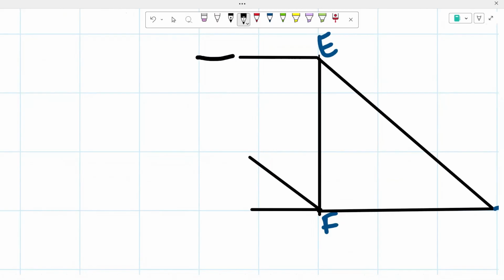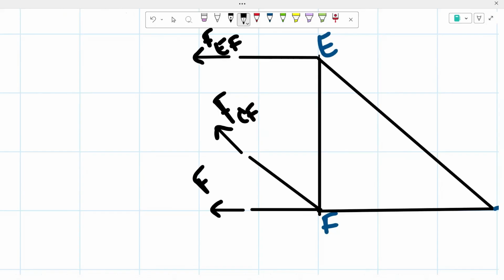So this is going to be the force of the bar EF, in tension, away from the joint, the force of the bar CF, and once again in tension, the force of the bar BC.